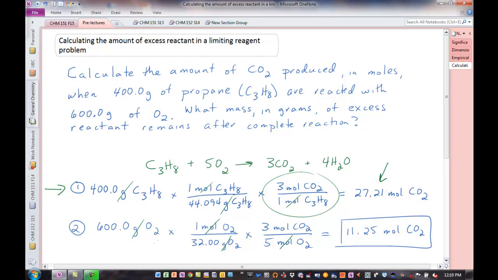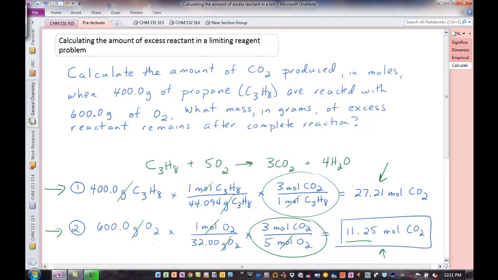All right, let's do a second calculation for the other reactant. If all of the O2 reacts, how much product could we get? Same thing, we convert from grams to moles of O2. Now that we have moles of O2, we can apply the mole ratio from the balanced equation to get to moles of product. And clearly the smaller amount of product is the correct answer, the 11.25 moles.